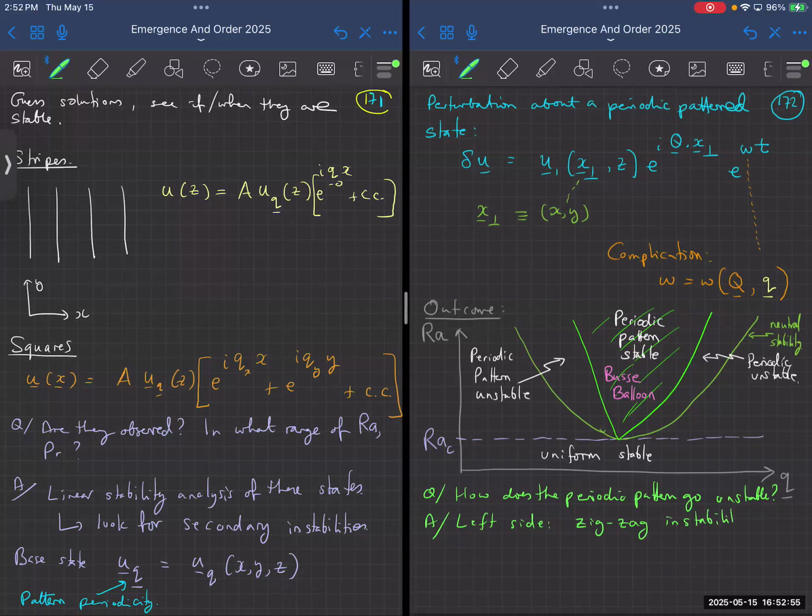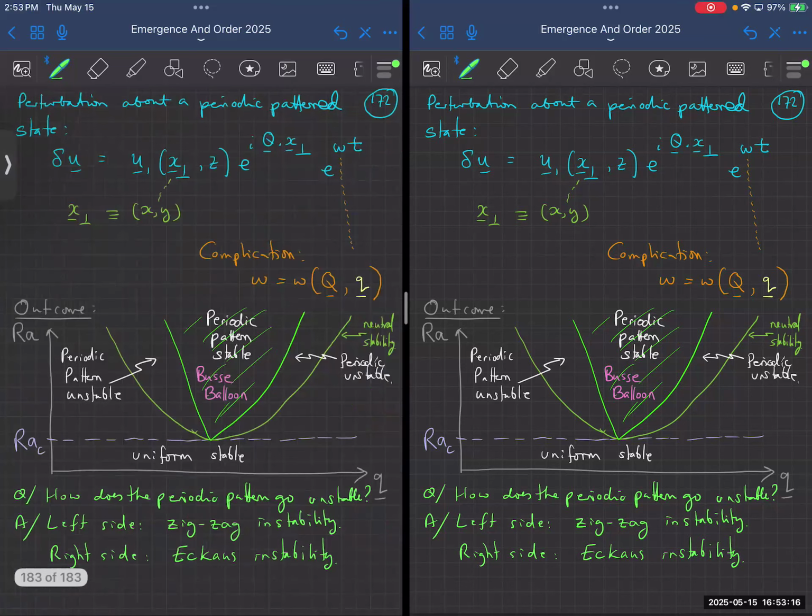And I'm going to draw a picture of it in a minute. And on the right-hand side, it goes unstable through a different instability known as the Eckhaus instability, after the person who first identified it.